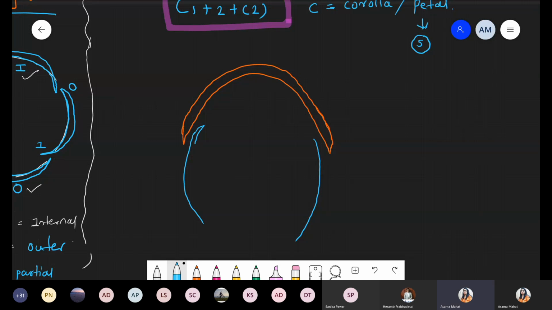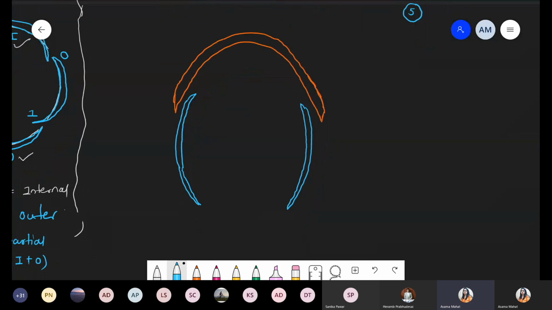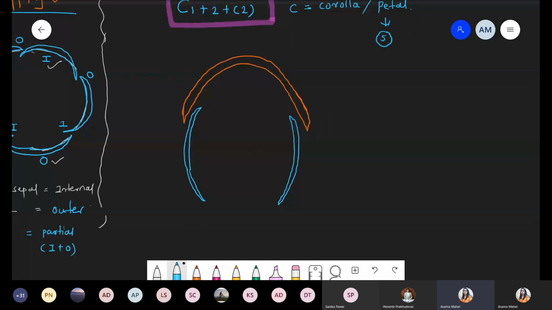That is 1 plus 2. So now these are the 2. And finally, we are talking about plus 2, but that 2 should be inside the bracket. So bracket means fusion. So just see what I'm doing here. We have to represent the fusion also.